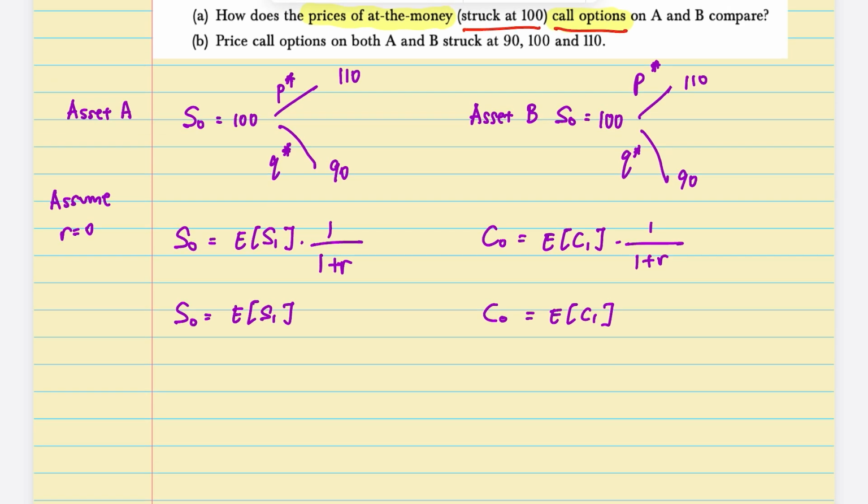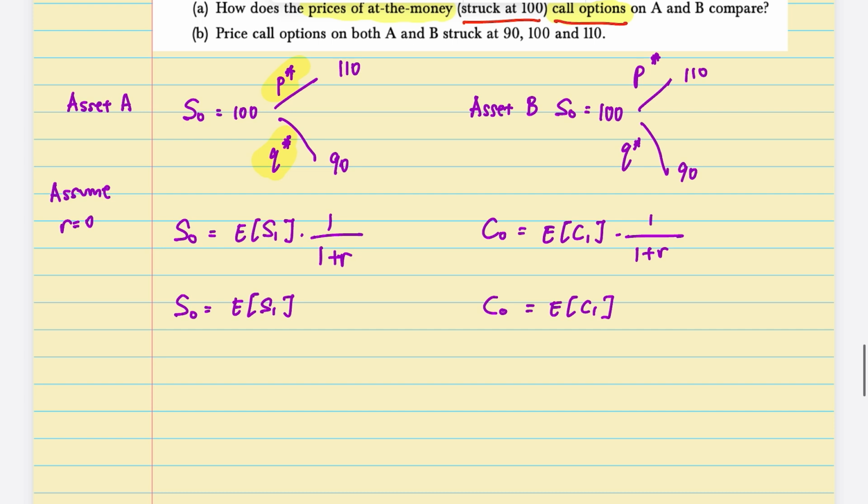Okay, so for the first equation, we need to find P star, which is the probability where it will go up, and Q star, which is the probability whereby it will go down. So S0, which is 100, equals 110 times P star plus 90 times Q star.